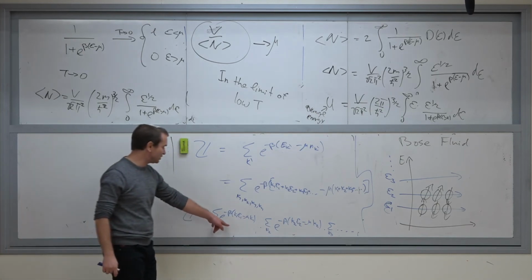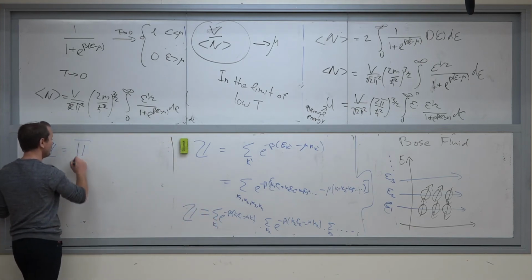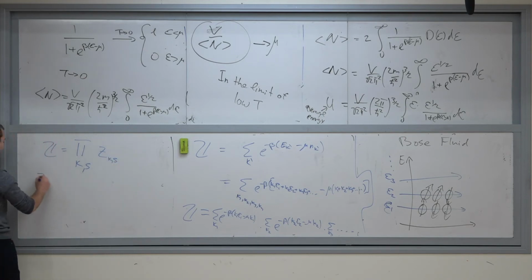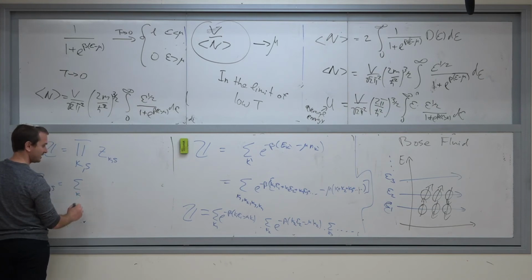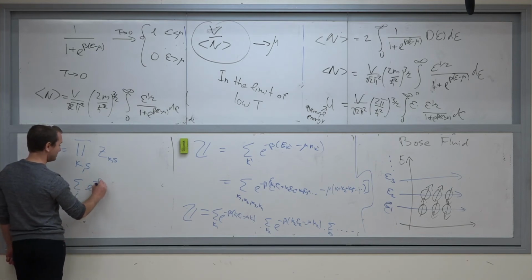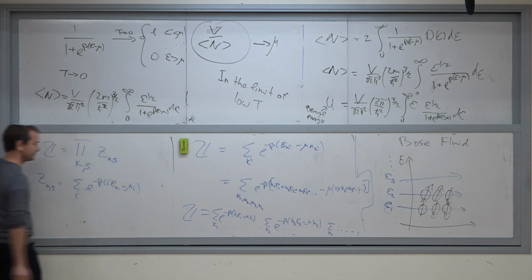So it's a multiplication we are doing. Z now is a product over different K's and different S's, different spins, of Z_kS. What is Z_kS? It's simply a sum over i of e to the power minus beta i epsilon k minus mu i.